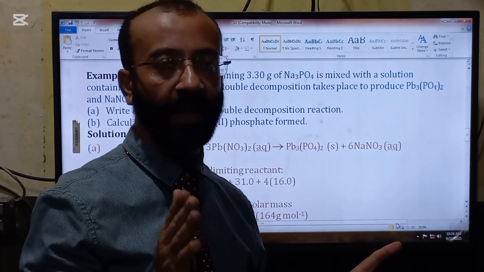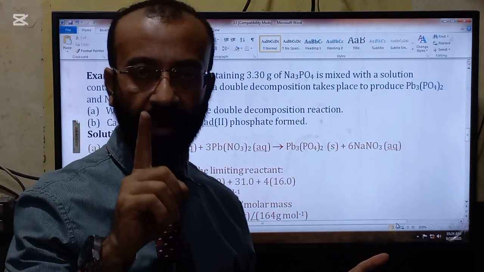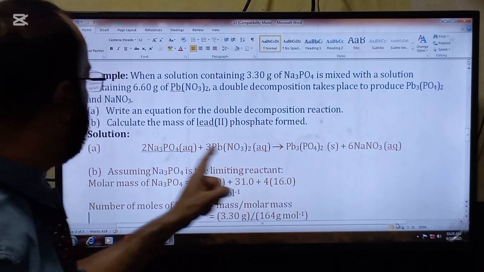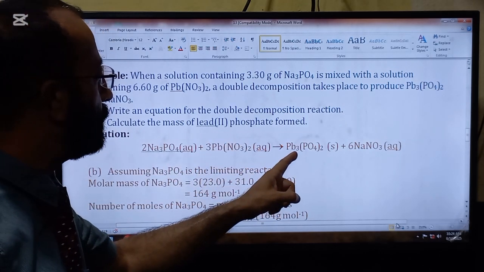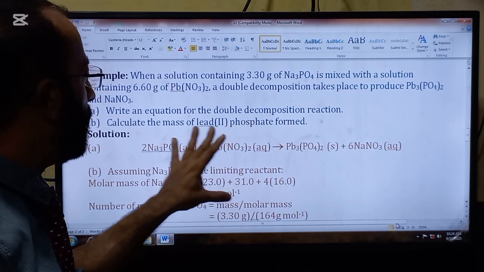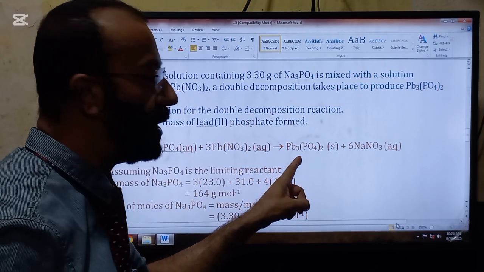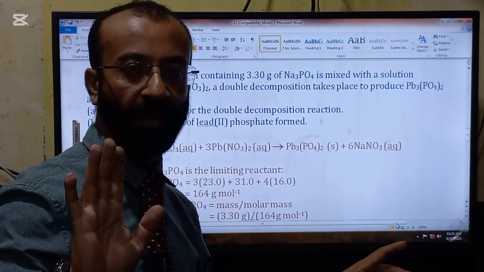After deciding the limiting reagent, it will be compared with the lead phosphate, because the lead phosphate is the product in question now. So whichever limiting reagent is decided will be compared with lead phosphate, and from there the answer will be solved.